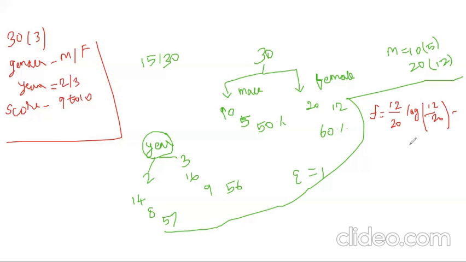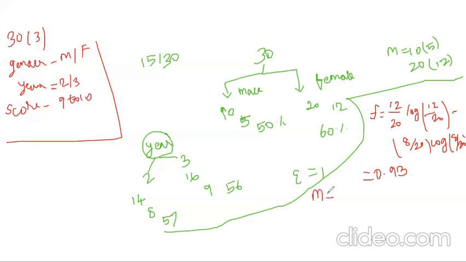The remaining 8 students, 8 divided by 20, log of 8 by 20. Approximately, I will say this entropy is 0.93. This is female.